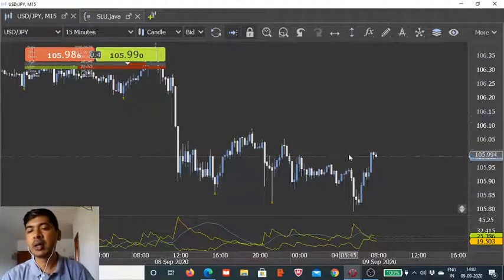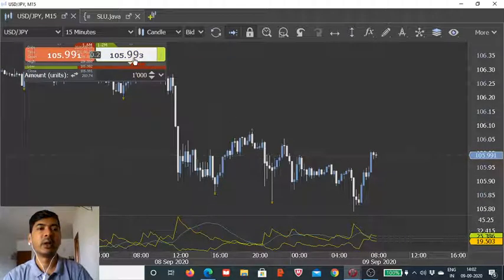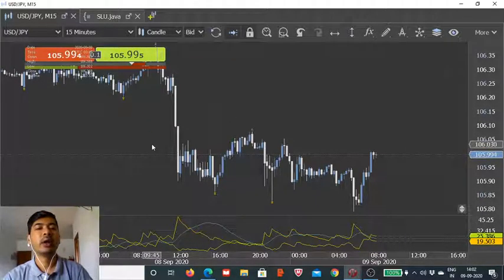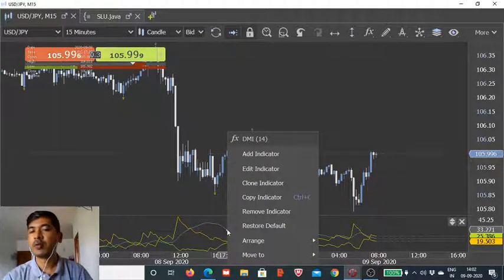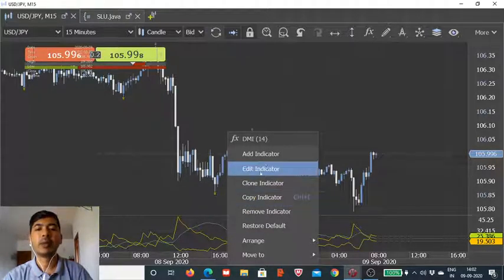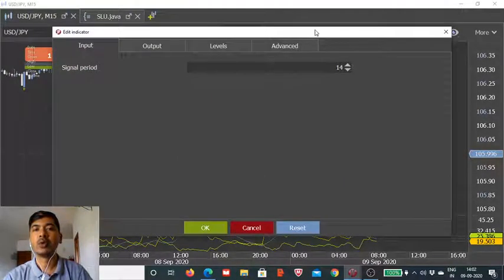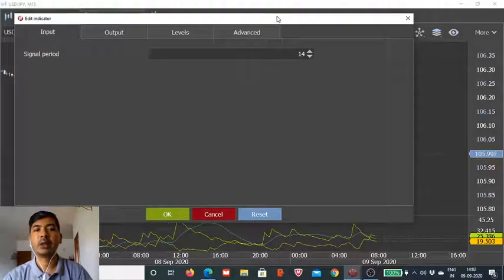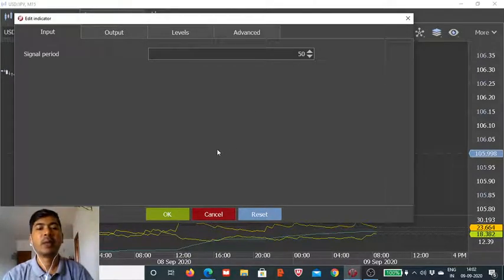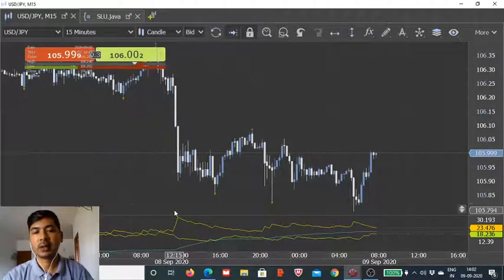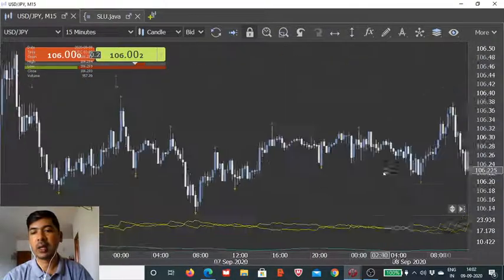We get these three output values depending on the input values we have taken into consideration. Now this DMI is being calculated on the last 14 candlesticks of 15 minutes each. If you want to use the longer time horizon, we can do that. If we want to take into consideration, say, the 50 candlesticks, then we can take that as well.